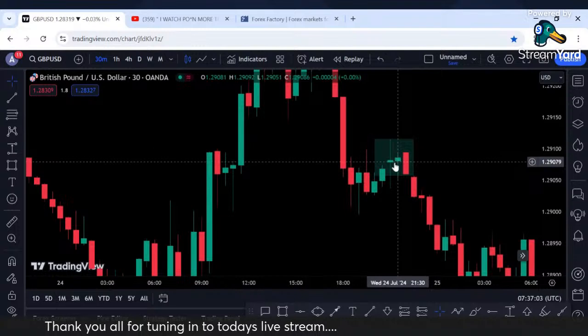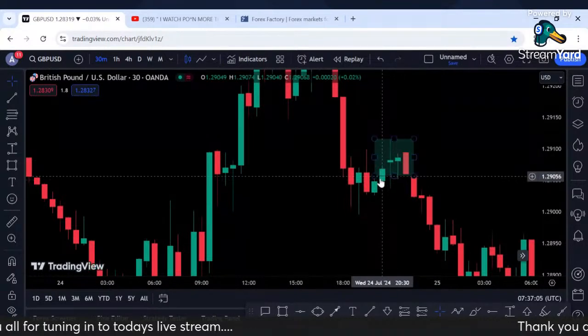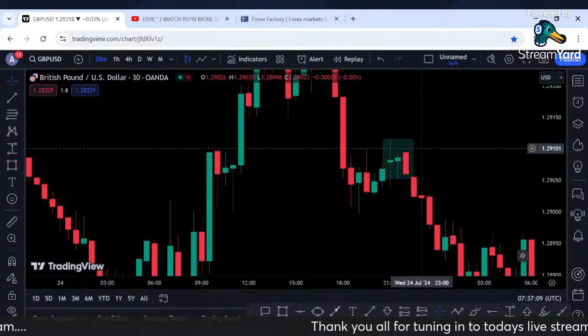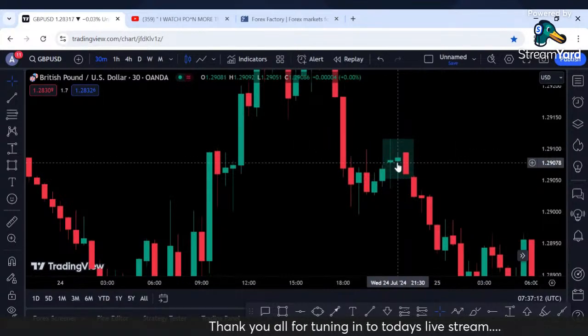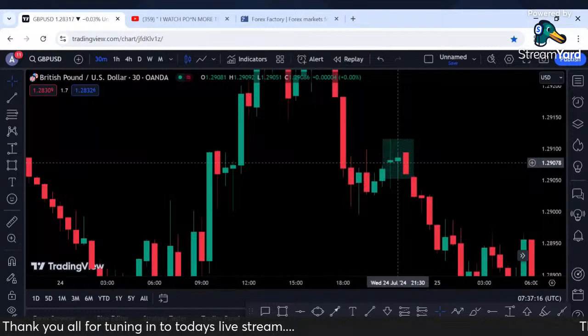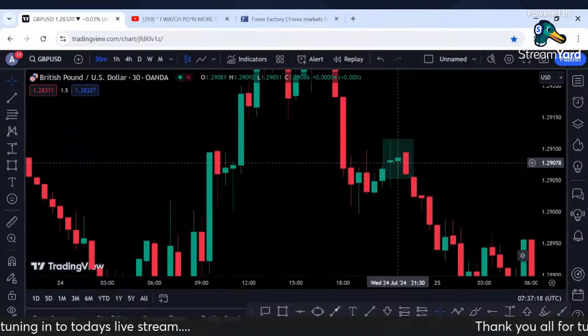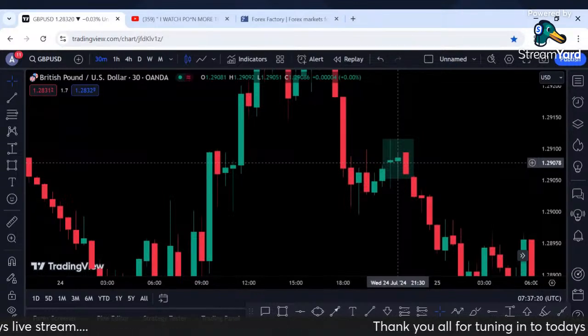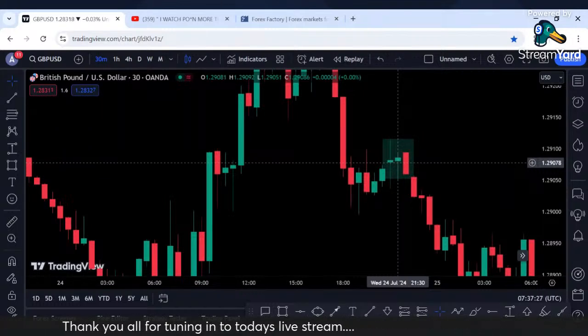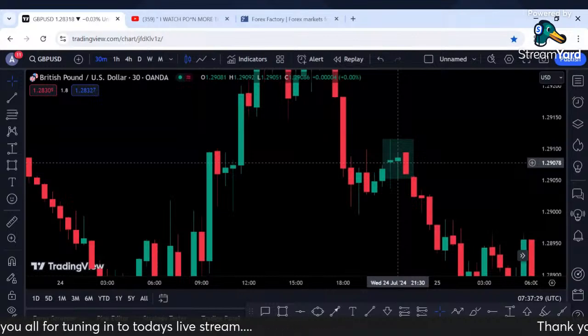Is it the same? Is it this point where I've highlighted? This 24th. Which broker are you using on your TradingView?